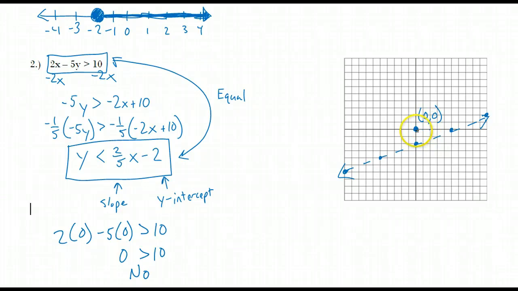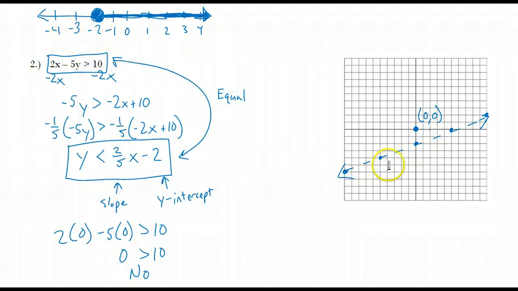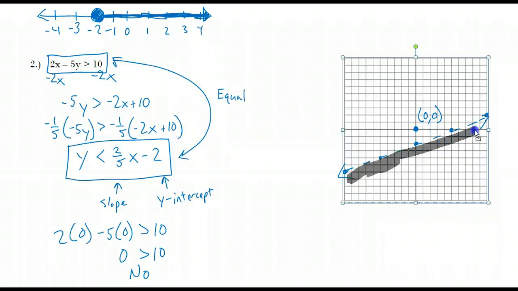So this line divides my Cartesian plane into two regions. 0, 0 is not a solution, so I don't want to include it in my possible solutions. So I'm going to shade, but I'm going to shade to not include 0, 0. I want to include the values on the other side of my line.